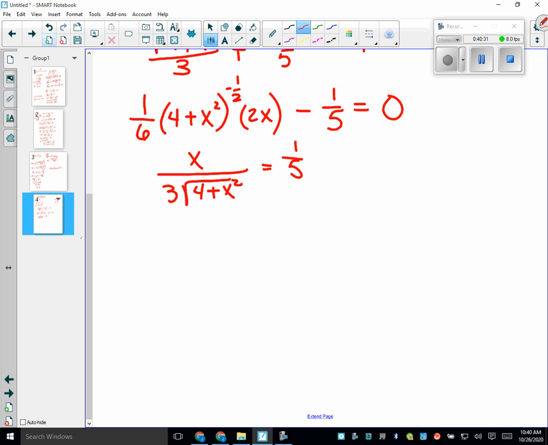I'm going to cross multiply. Did you say a word you're not supposed to say? I cross multiplied. Now I'm going to square both sides.